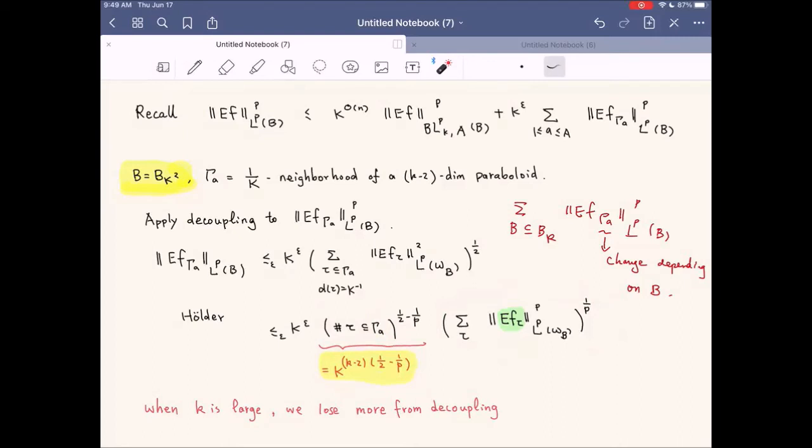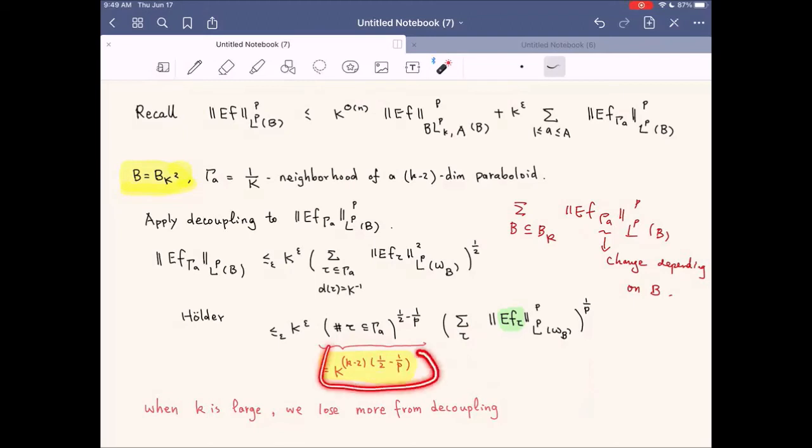Once we have applied Hölder's inequality, in the sum over tau, we can pretend that the taus lie all over the original paraboloid, and that's how we get rid of the dependence of gamma A on B. Since gamma A is a low dimensional version, we can then sum up.